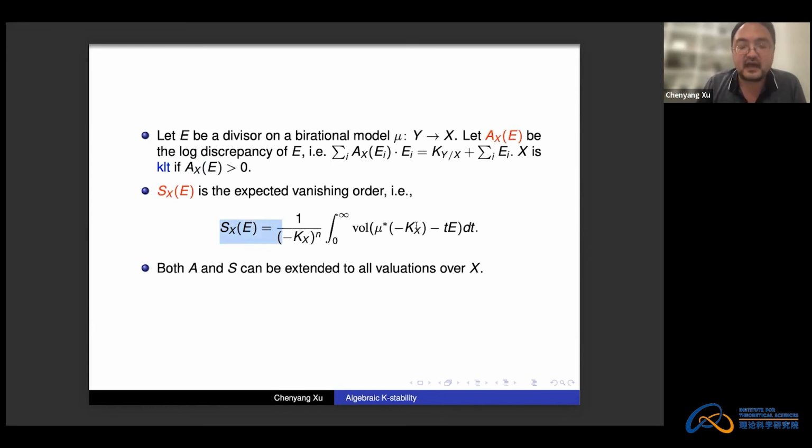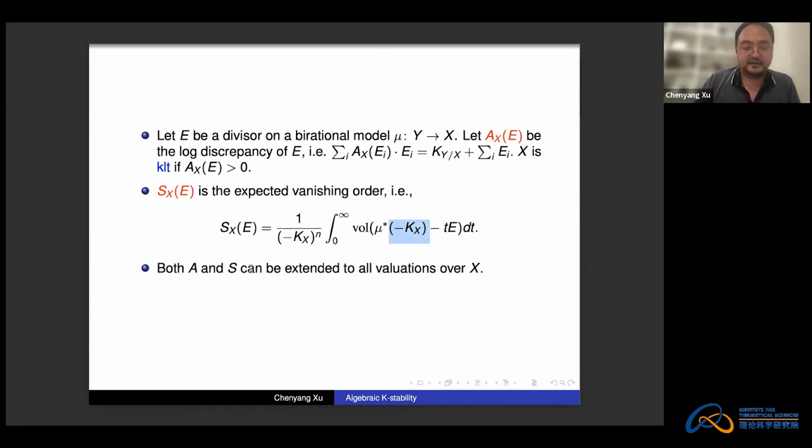Minus K is an ample divisor, so some large multiple will vanish along E. So we want to measure how much it vanishes along E. Basically this is measured by the volume of minus K_X minus tE, and you integrate this and average it by the self-intersection of minus K. So this can be considered as an expected vanishing order.